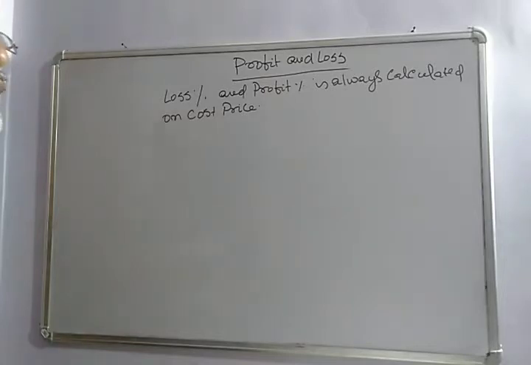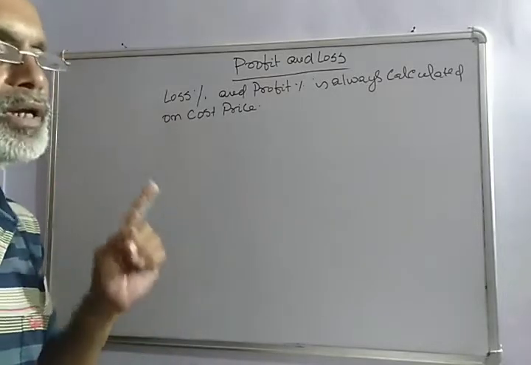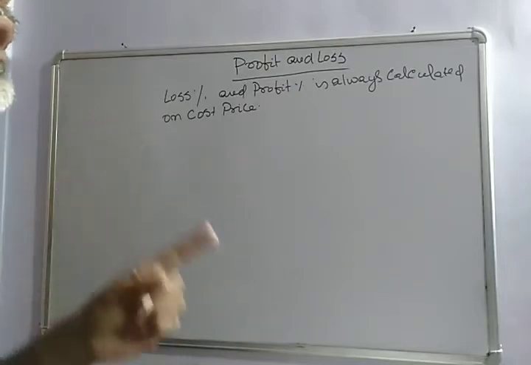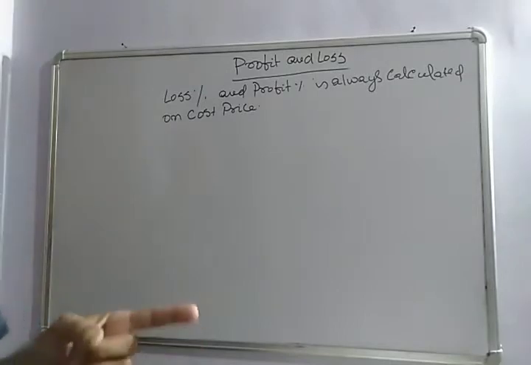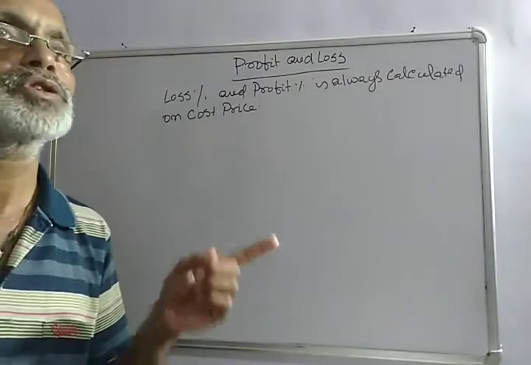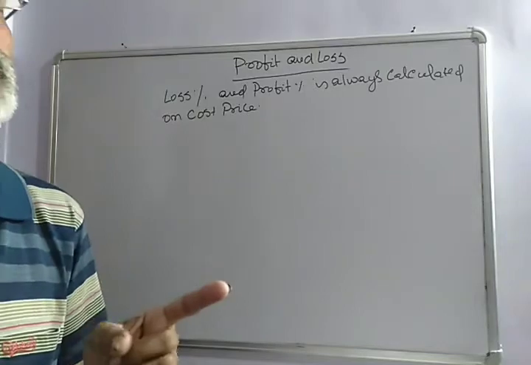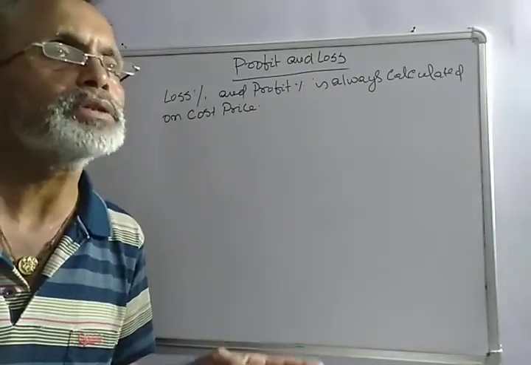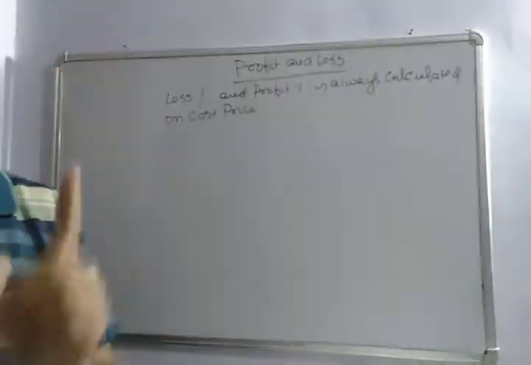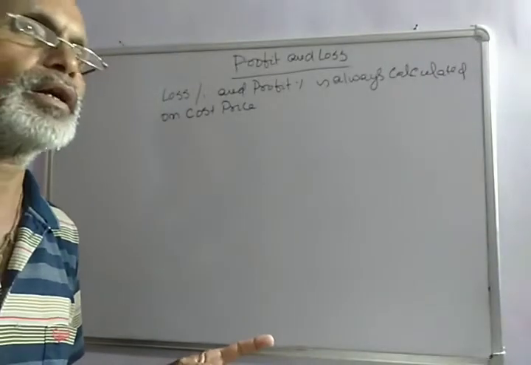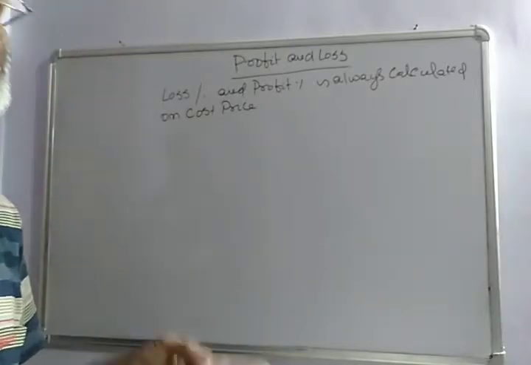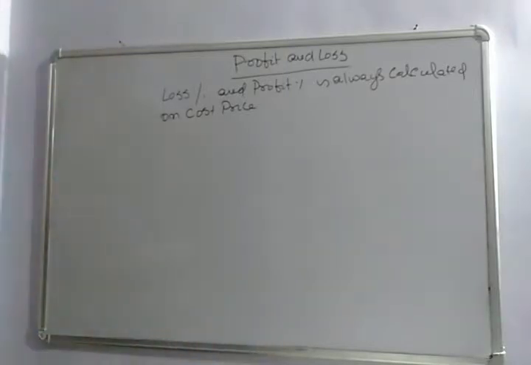And remember another thing: whenever we are finding the loss percentage or profit percentage, the number of items should be equal. For example, if we are taking the cost price of 12 eggs, then we have to find the selling price of 12 eggs, then the profit, and then the profit percentage.